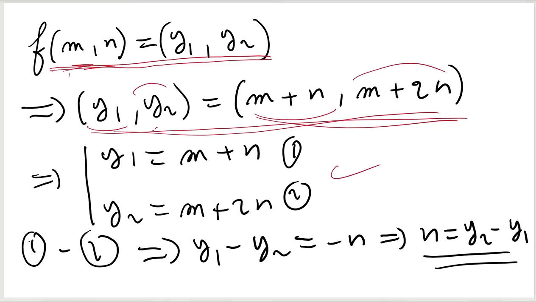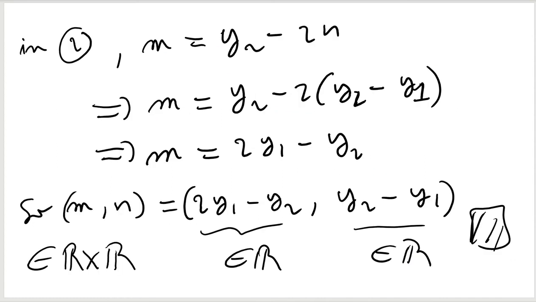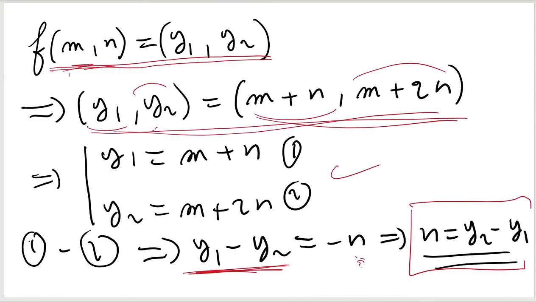So you say 1 minus 2, you get the expression, and from there you can solve for n. So n gives us y2 minus y1, so we get n here. Because you already have m in this expression, you can replace m in 1 to get n.